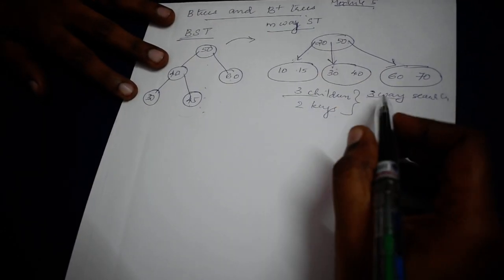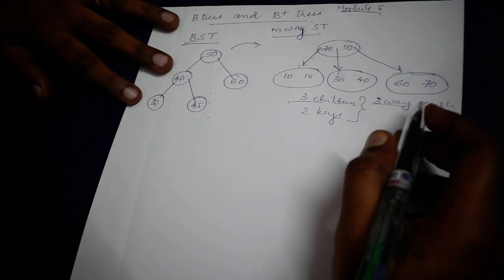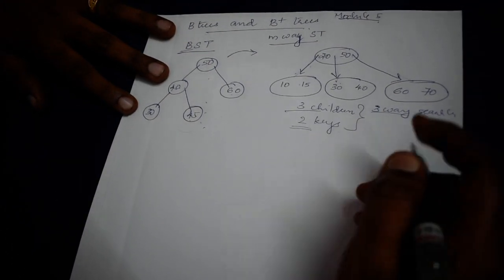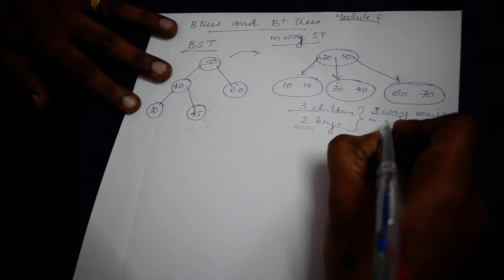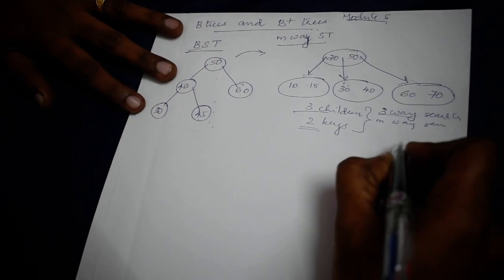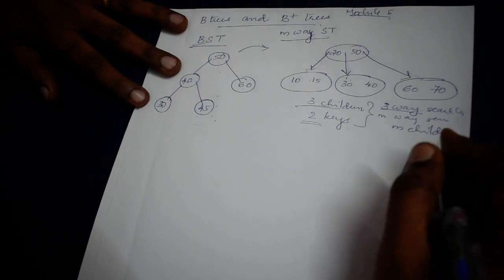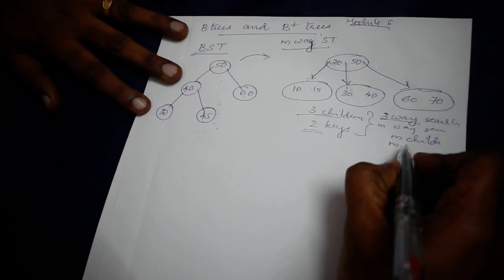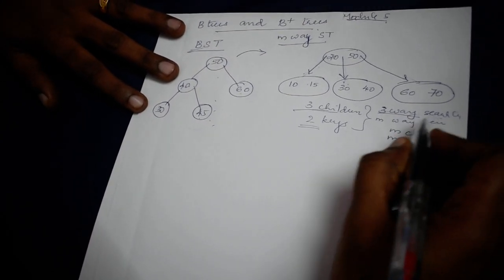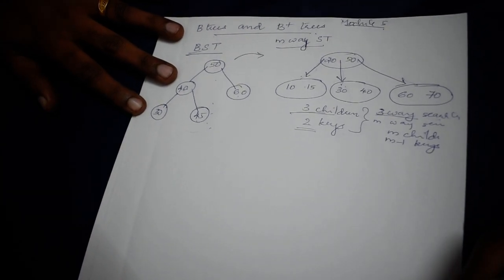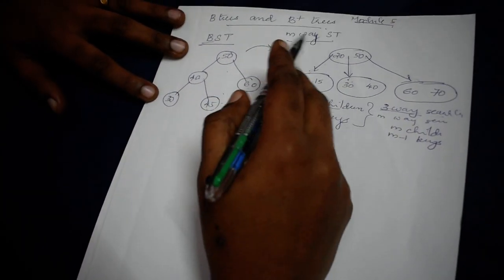In a 3-way search tree, 2 keys will be there. That means in an M-way search tree, M children will be possible, and M-1 keys. 3-way, 2 keys. Likewise. So that is about the M-way search tree.